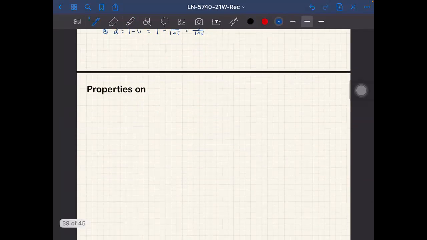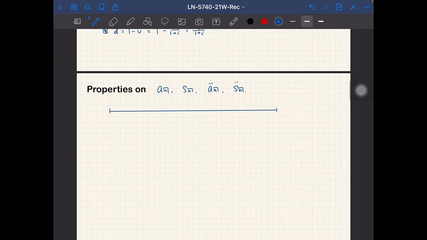So let's look at the properties of A right angle n, S right angle n, A double dot angle n and S double dot angle n. Think about the time diagram: 0, 1, 2, 3, up to n minus 1, n. So we have n payments.